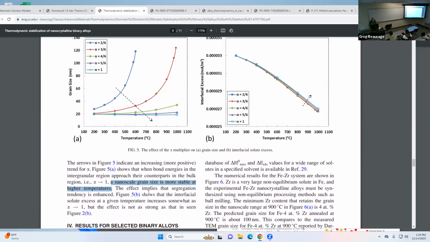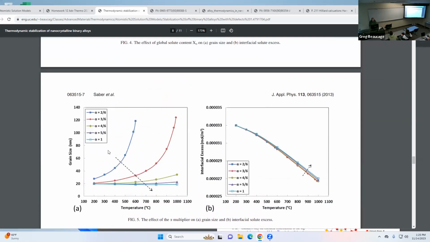I can argue the opposite. Alpha is basically the ratio of how the surface energy relates to the bulk energy. Here the surface energy is the same as the bulk when alpha is 1, and it looks like that gives you the smallest grains.